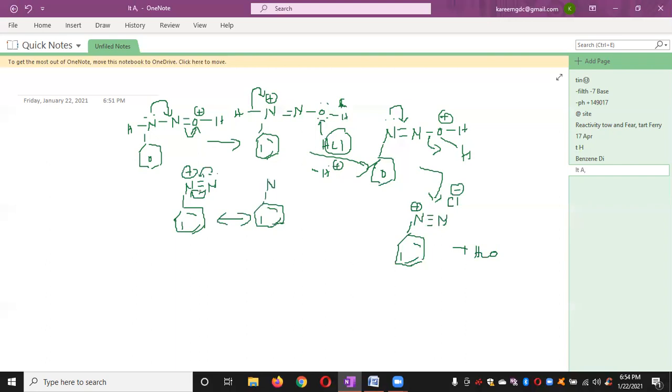Then it will get the lone pair of electrons, the triple bond becomes a double bond, and again the triple bond remains as it is. Why? Because this nitrogen donated one electron pair, so it will acquire the positive charge. So again it will happen here, and it will happen here, same thing. So this is a resonating structure of the diazonium ion. Okay, so this is the diazonium ion.